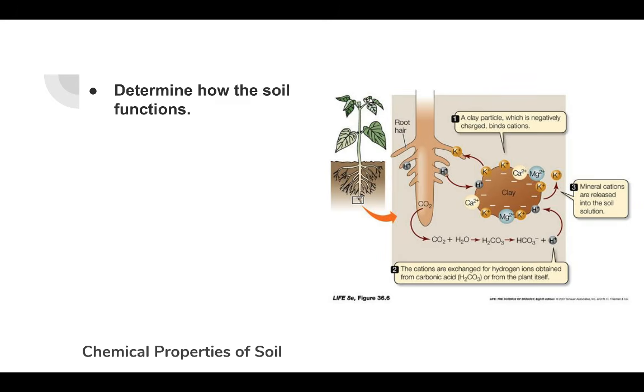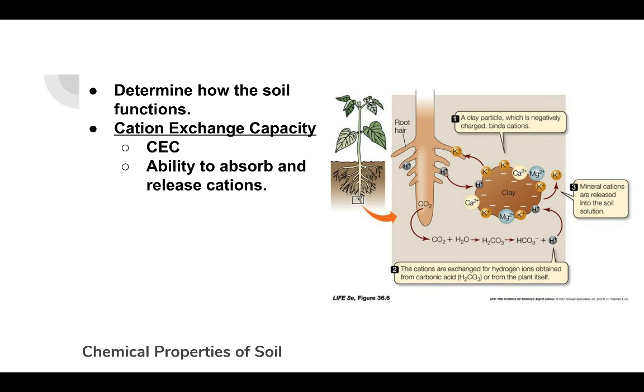With chemical properties, these are going to determine how the soil functions. What we mean by that is what plants are going to be able to survive in these types of soils. Cation exchange capacity. All a cation is, imagine, is these mineral ions that are nutrients for plants. So with CEC, we ask how easily plants are able to absorb and release these mineral nutrients that they need.